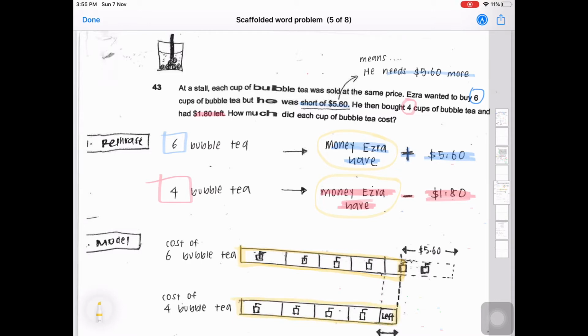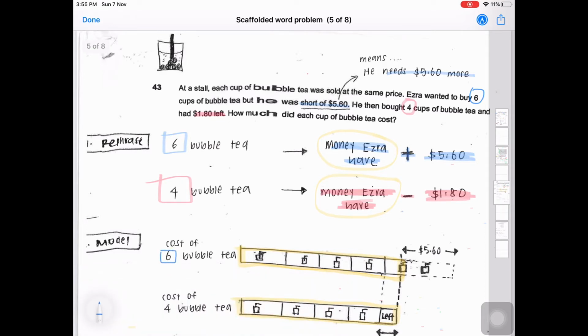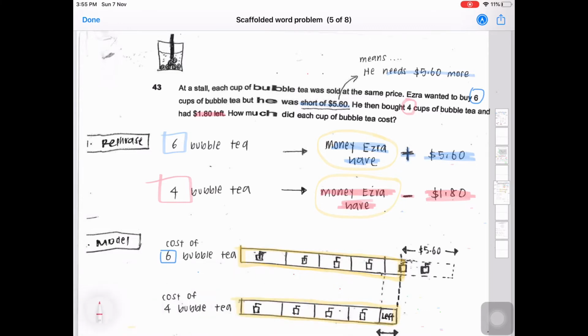Okay. So why are there two? Because this model here represents the cost of 6 bubble tea, while this represents the cost of 4 bubble tea.